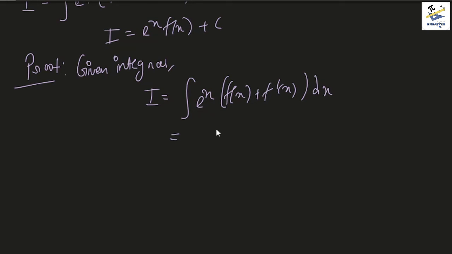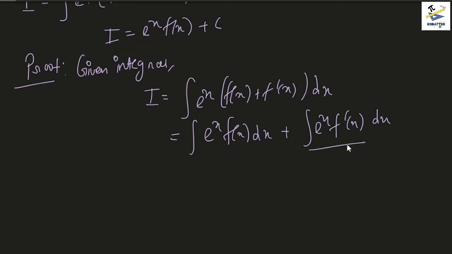Now let us separate it into two different parts, that is e to the power x into f of x dx plus e to the power x into f prime of x, or derivative of f x, dx. So let us try to break down this second integral. Name this integral as b. So b equals to integral of e to the power x into f prime x dx.